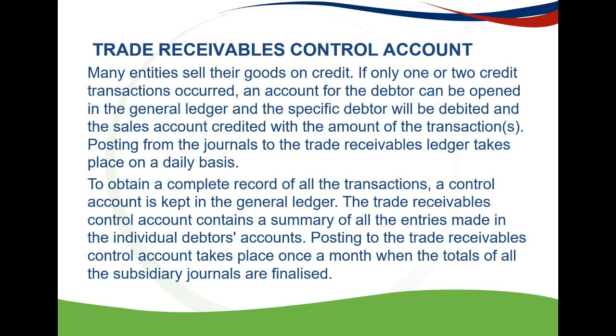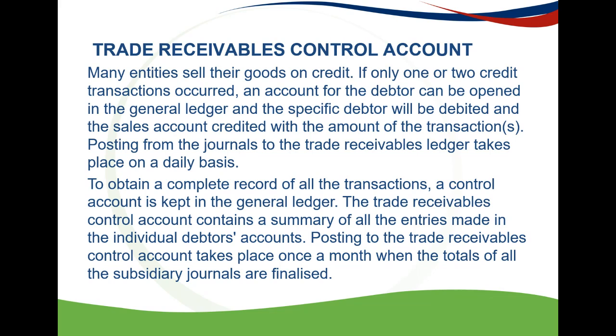Now, to obtain a complete record of all the transactions, a control account is kept in the general ledger. The trade receivables control account contains a summary of all the entries made in the individual debtors' accounts. Otherwise, your account in the general ledger is going to be too bulky, and therefore you don't want the detail.